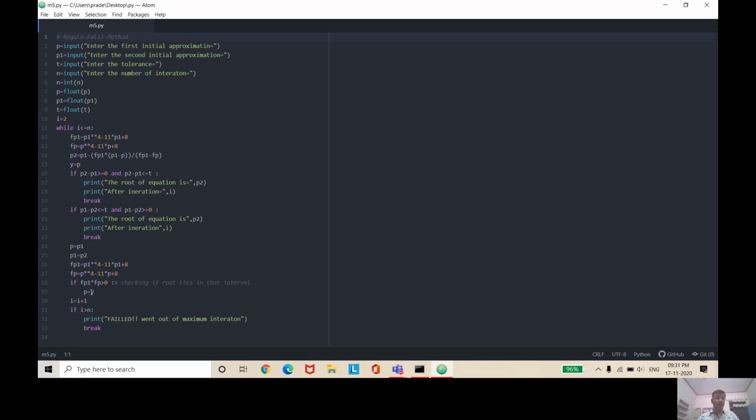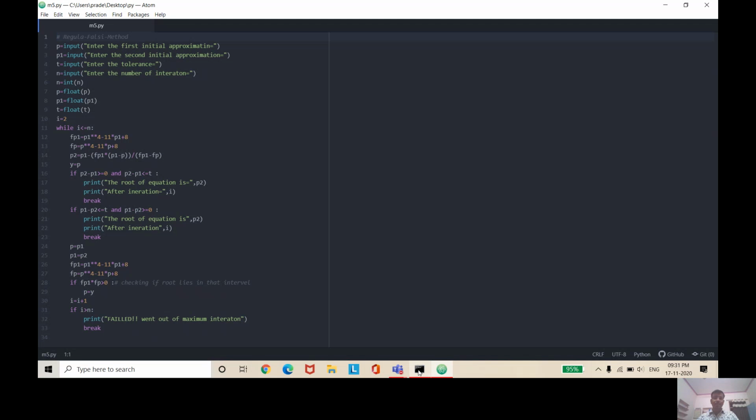So again it will give the value of p0 that we initially had, and it will proceed further with i equal to i plus 1. By increasing i, it goes here. If the iteration count goes beyond the maximum iteration value, it will print that you went out of maximum iteration, and it will break and we will come out of this loop.